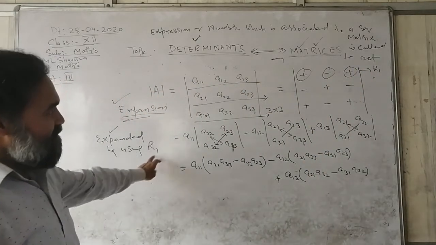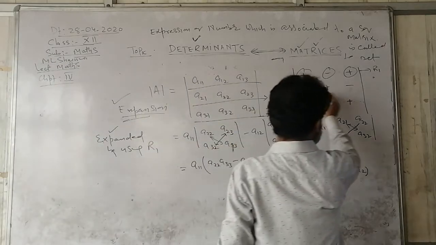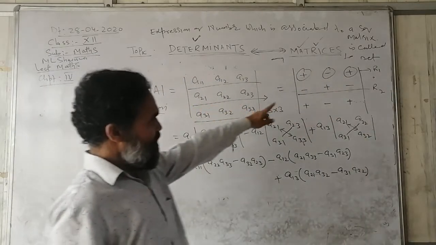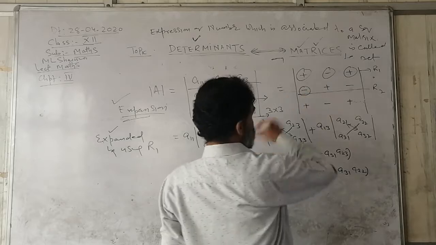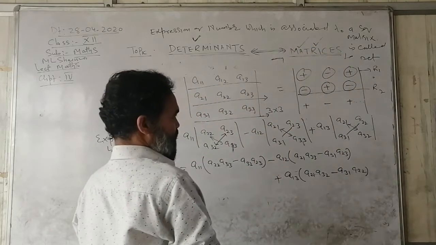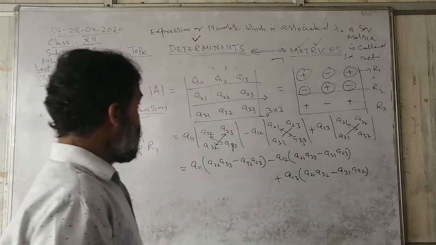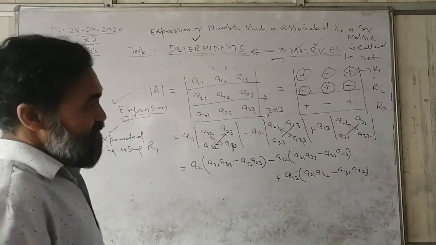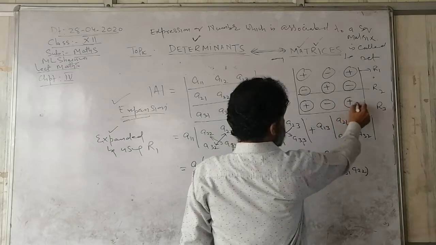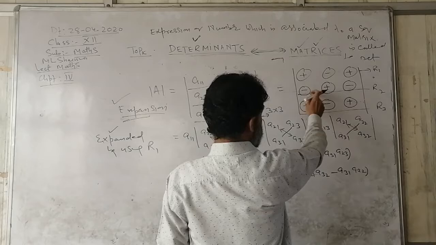In case I have to expand this determinant using row R2, the first sign will be minus, the next will be positive, followed by negative. Similarly, if I have to expand this 3 by 3 determinant using R3, the first sign will be positive, then negative, then positive.